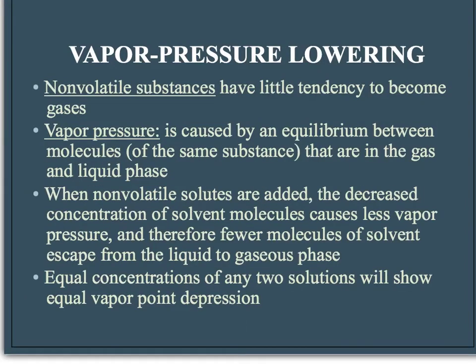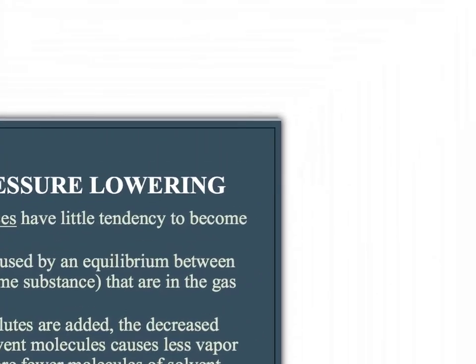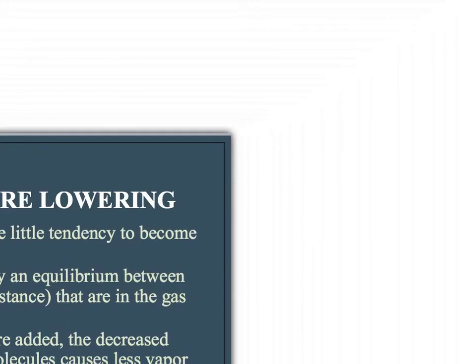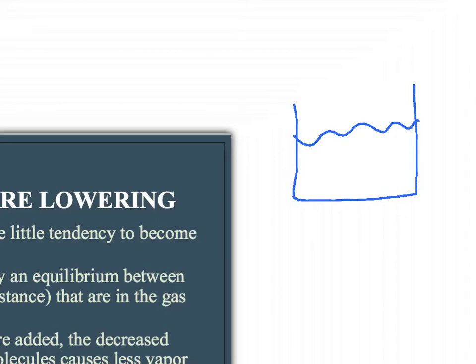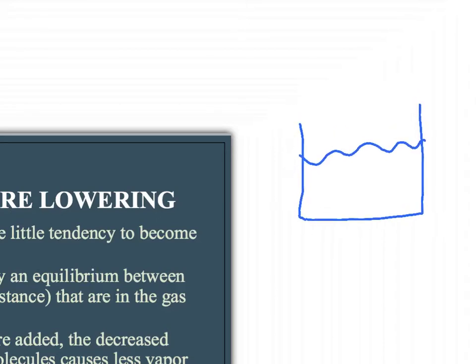Vapor pressure is a colligative property that looks at the balance between molecules in two different states of matter, in both the liquid phase and the gas phase. So if we shift this out of the way for a moment, and we imagine that we have this solution, the solution includes particles in the liquid phase.